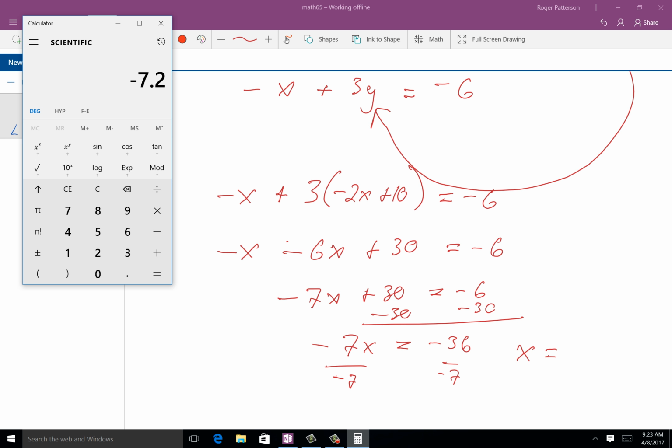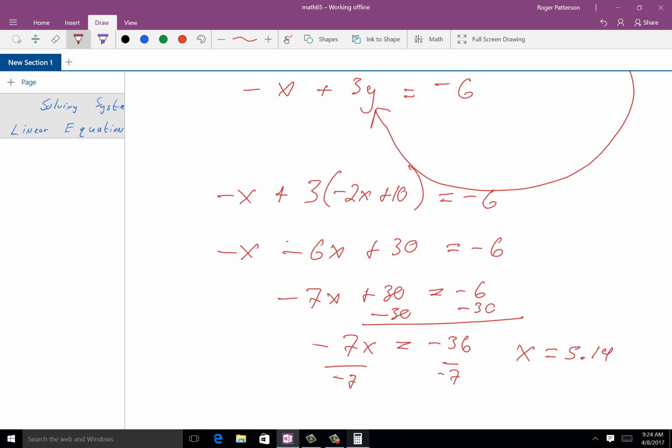No thanks. Okay, let's see, 36 divided by 7. Oh man, that's nasty. 5.14. So I'll just take it to the hundredths, 5.14. So everybody else got that too? All right, so there's my x.